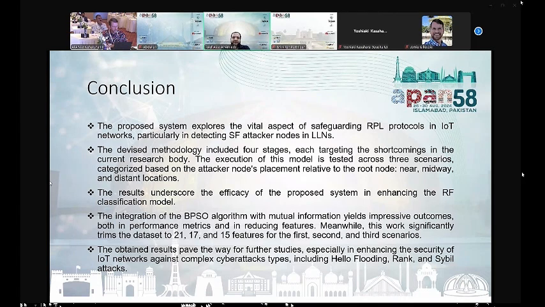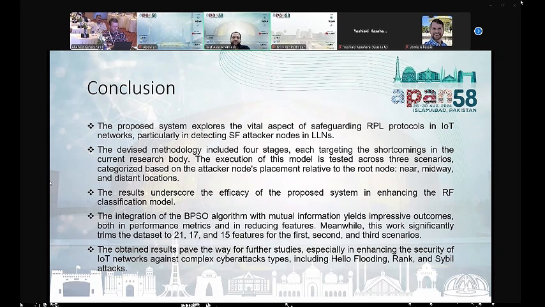which makes the proposed technique compatible with the resource constraints in the IoT environment. We also notice that in terms of the number of selected features, the proposed technique aims to reduce the number to 21, 17, and 15 features in the scenarios. So we can also conclude that the proposed technique is feasible to be used in IoT scenarios, and we get impressive results from that.